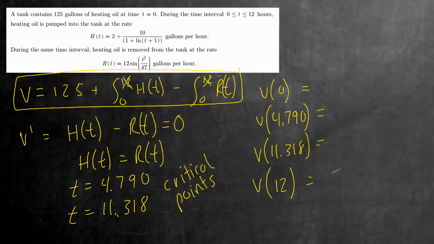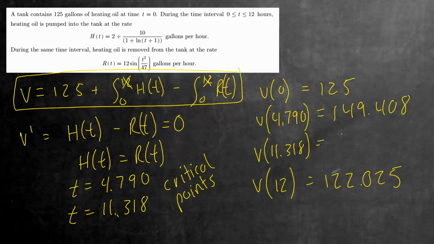Now we've actually calculated our volume at 0, which is 125. We calculated our volume at 12 in part C. That was 122.025. So then we just need to calculate our volume at 4.790, the same way we calculated it in C, really. That'll give us 149.408 when we put it in our calculator.